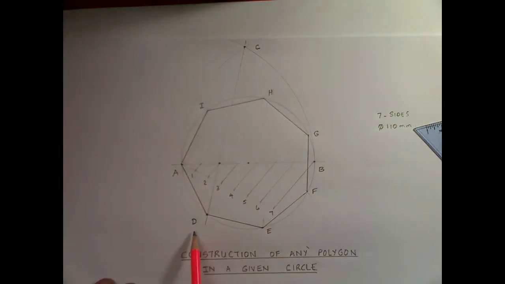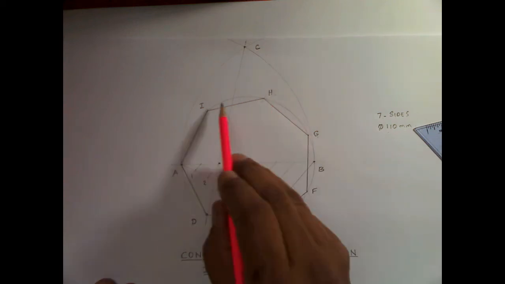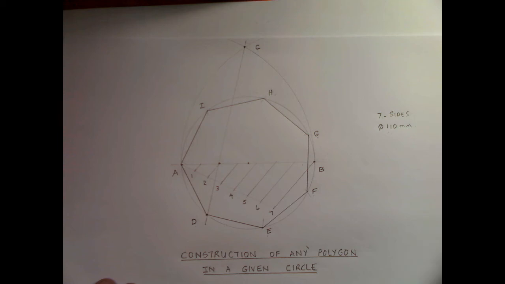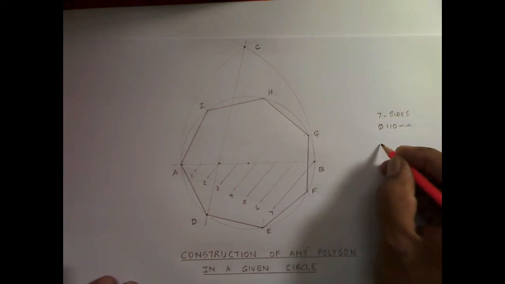A, D, E, F, G, H, I. This figure is your 7-sided polygon. And a 7-sided polygon is called a heptagon.